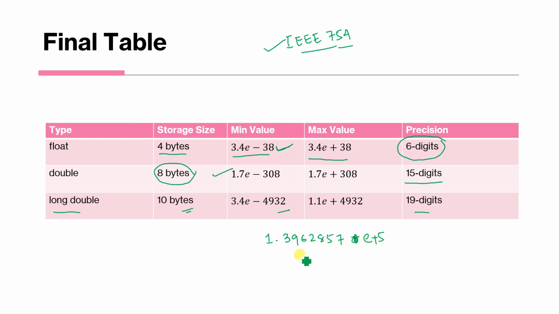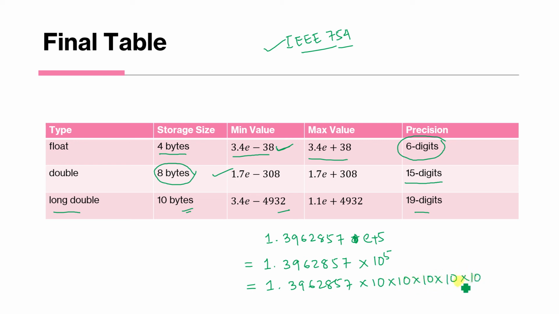Then how is it actually represented in decimal form? 1.3962857 into E plus 5 means 10 to the power 5, which is nothing but 1.3962857 into 10 into 10 into 10 into 10 into 10.